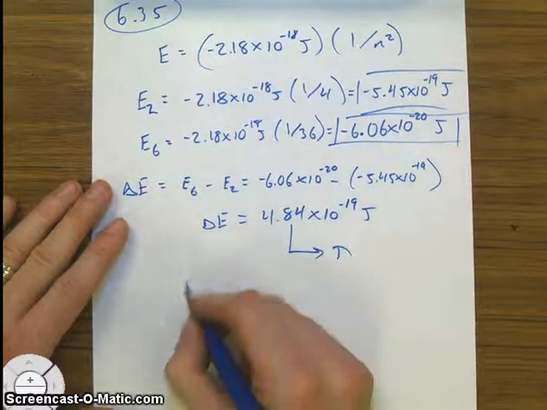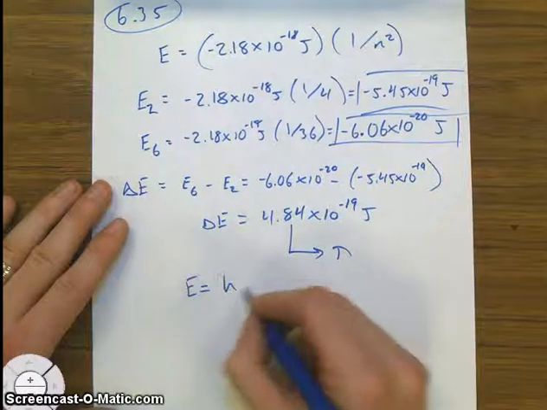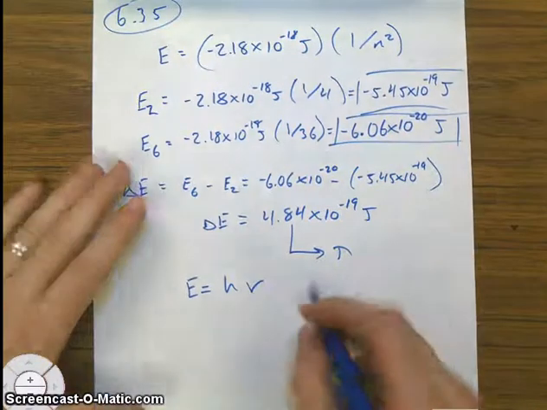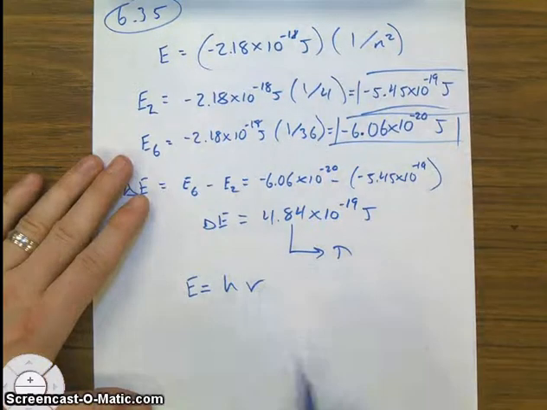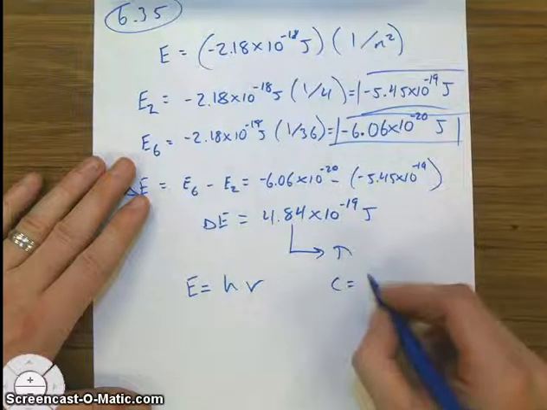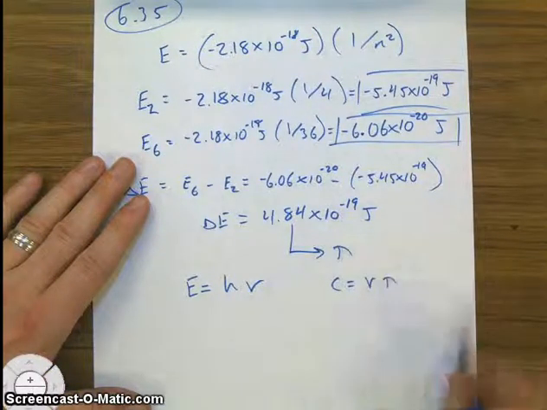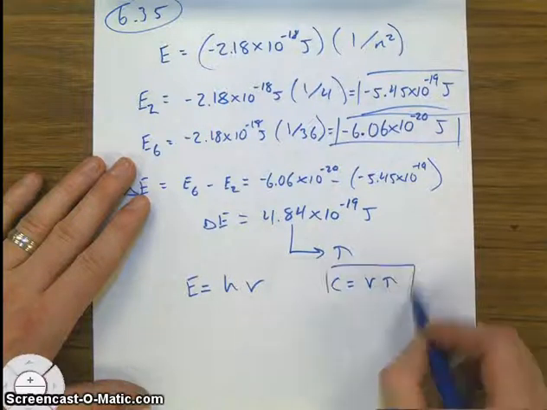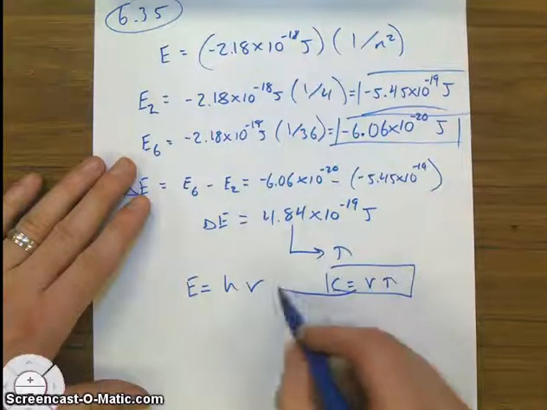Don't forget the equation E equals h nu. Now there's something that might save us a lot of time. We can translate this equation if we remember that the speed of light is equal to the frequency times the wavelength. We can substitute in this equation for that one.